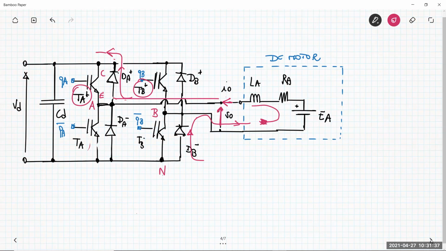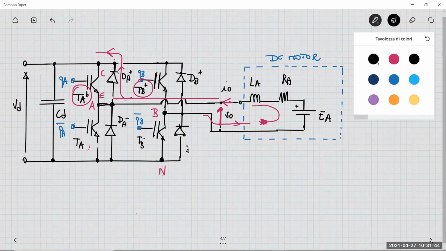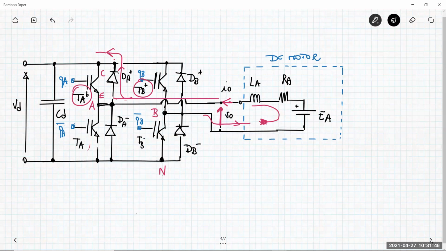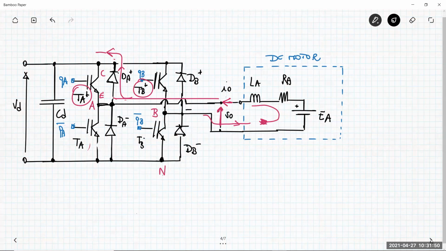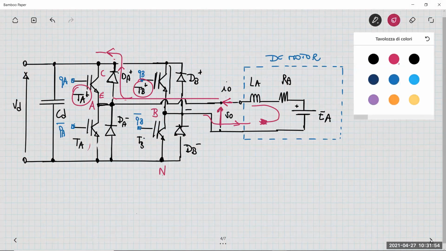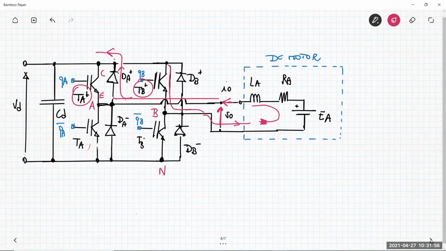And here you do not have this current flowing here. The current goes here and goes through TB plus. Okay. So it's DA plus, TB plus.